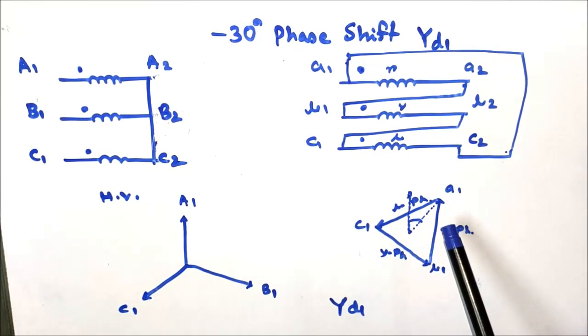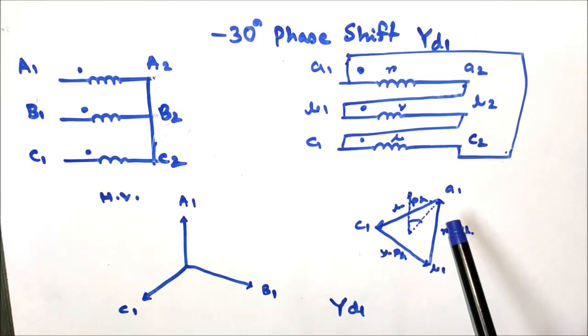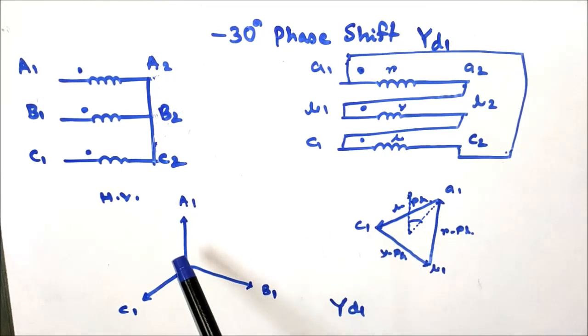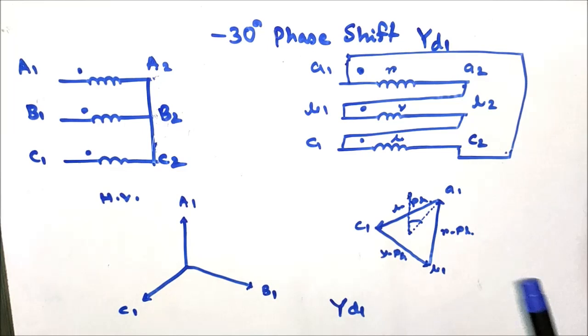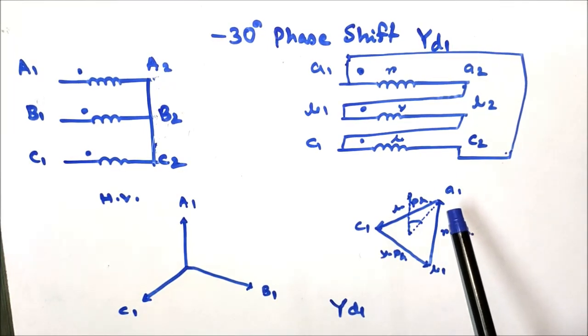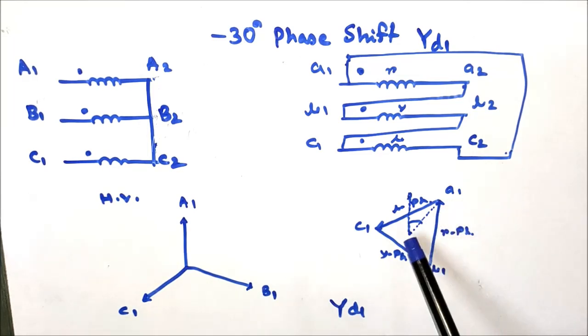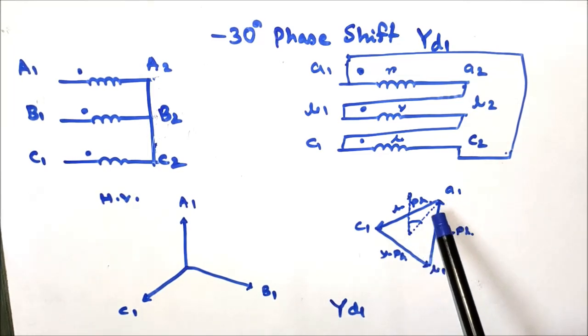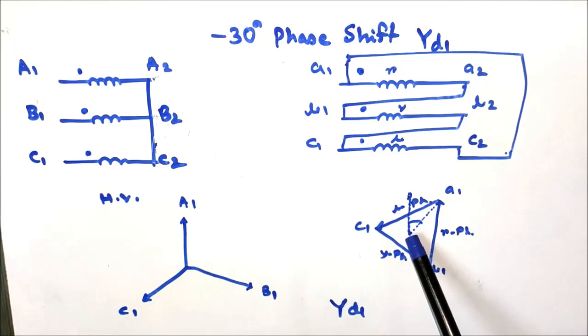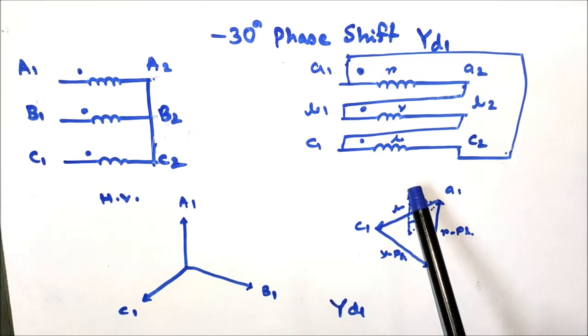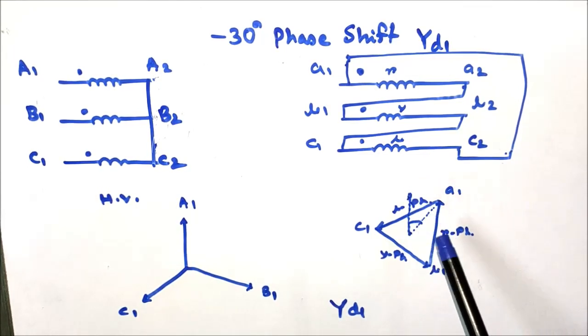Now we'll see what the phase shift of the LV side winding is with respect to the HV side induced EMF. To determine the phase shift, we'll draw the virtual neutral in the delta. If we draw the virtual neutral, this will be the neutral point, and we draw a vertical line that will represent 12 o'clock, or 0 o'clock in the clock rotation.